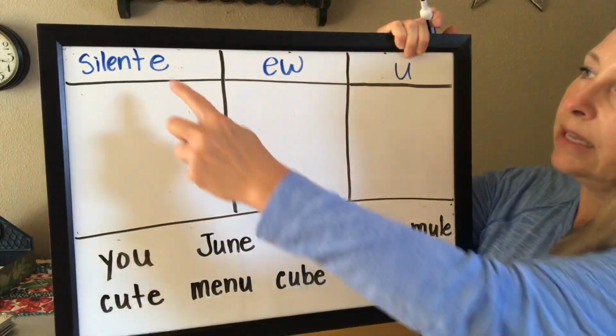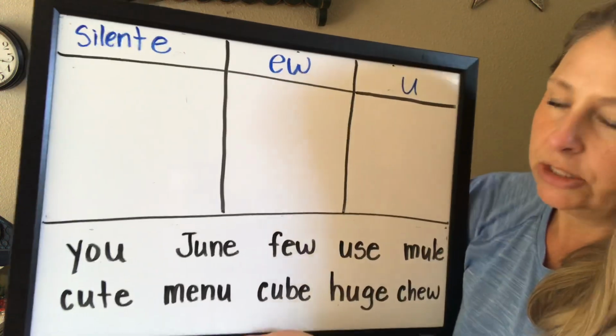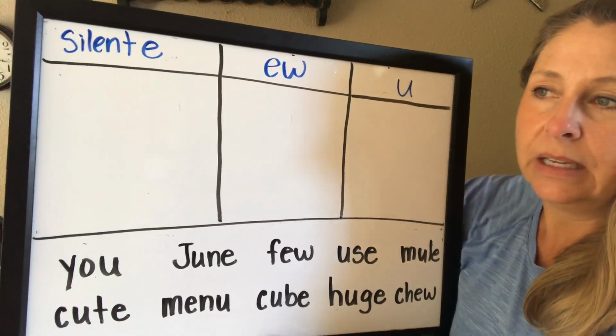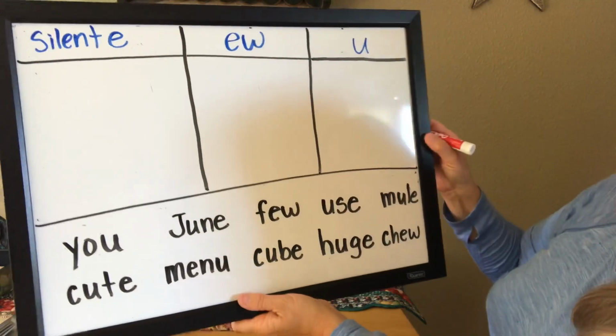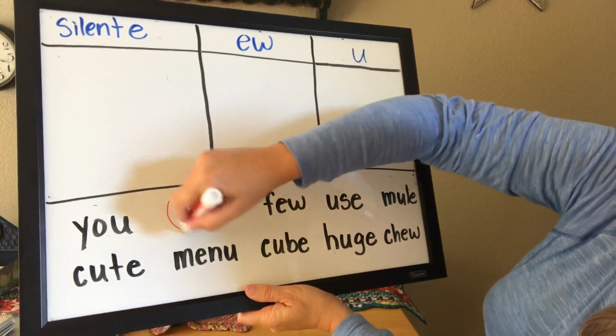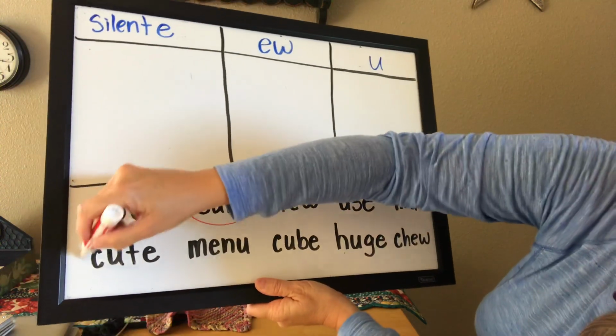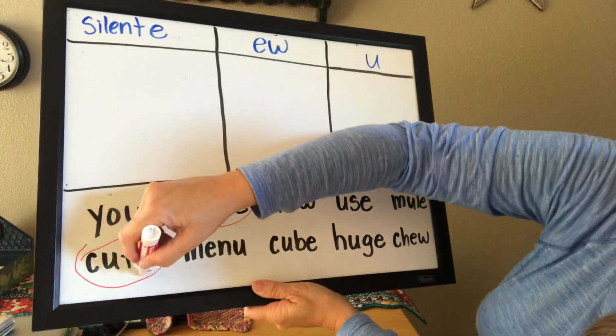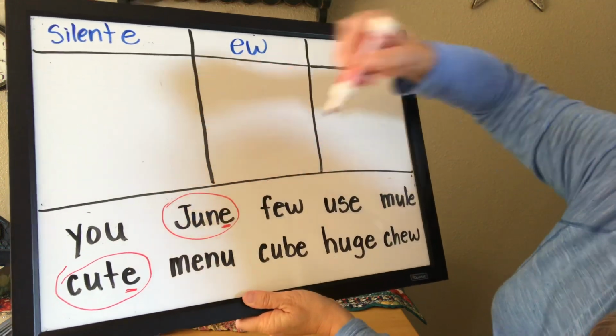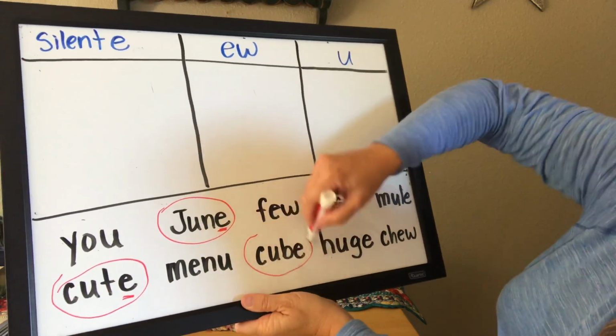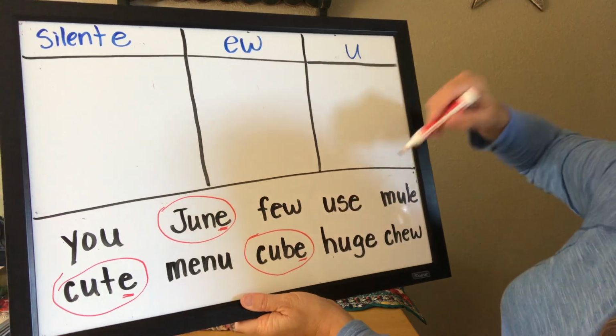All right, so let's take the silent E rule first. Let's just look for words that have the silent E on the end. So we've got one here, June, cute. I see an E here on the end and an E here on the end. How about this one has an E on the end, cube.